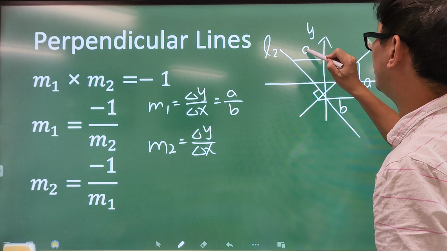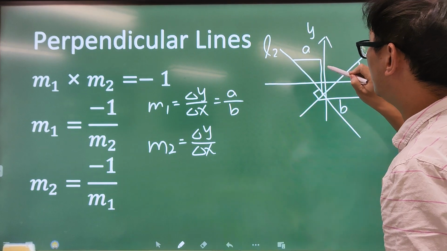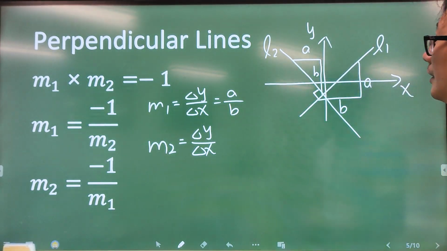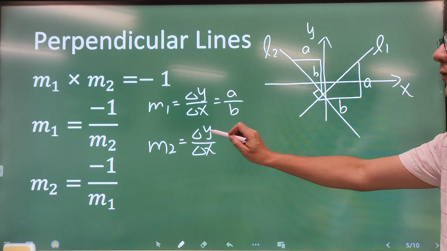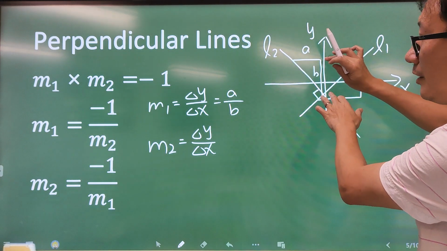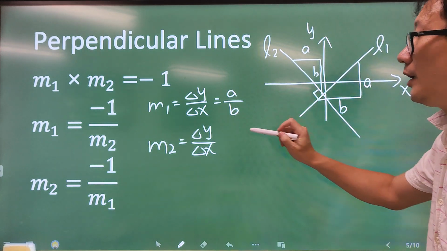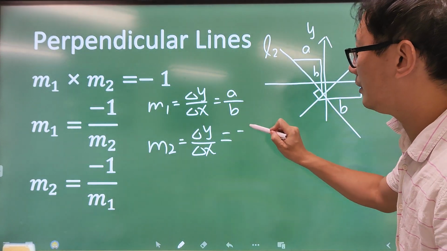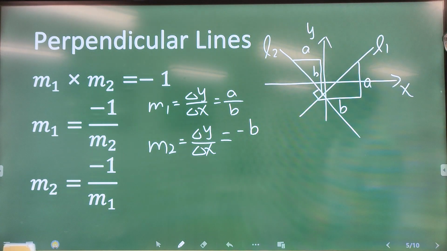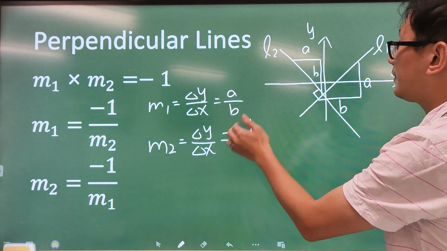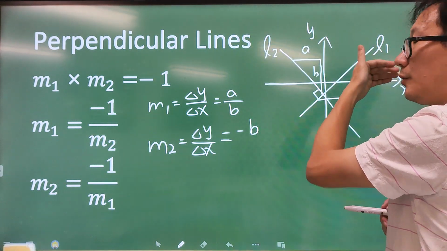So A is here, B is here. Change of y, it's B here, but you see it's going down, so it's actually negative B. Change of x, it's going right, so it's still positive A.